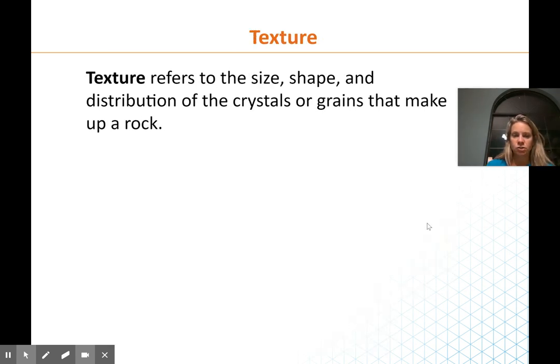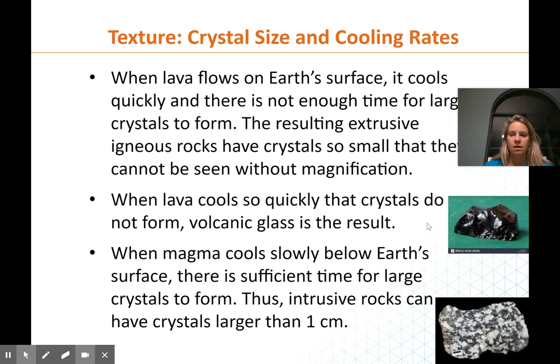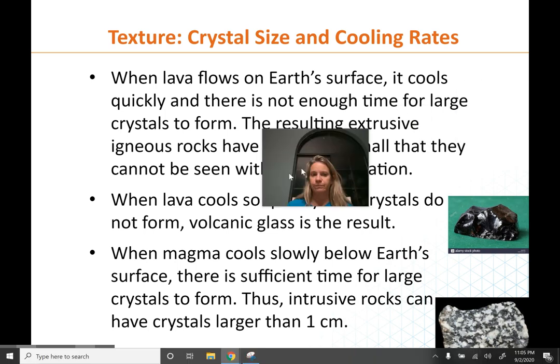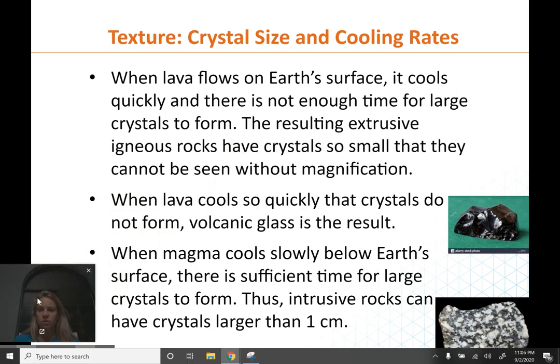All right, so texture, like I said, refers to the size, shape, or distribution of the crystals. If I can see crystals in it, then it is intrusive, but it's also coarse. So here are some examples. This one is glassy texture. That was obsidian that I was talking about, and that one is extrusive.